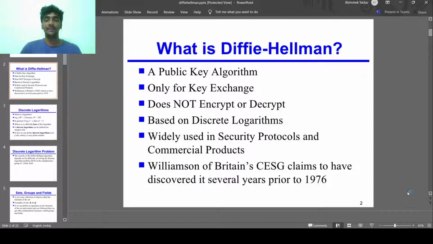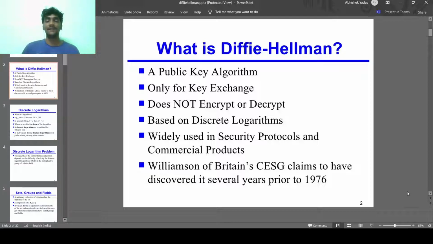The Diffie-Hellman algorithm is based on discrete logarithms, and due to its security advantages, it is widely used in security protocols and commercial products. Also, Williamson of Britain's CESG claims to have discovered it several years prior to 1976.